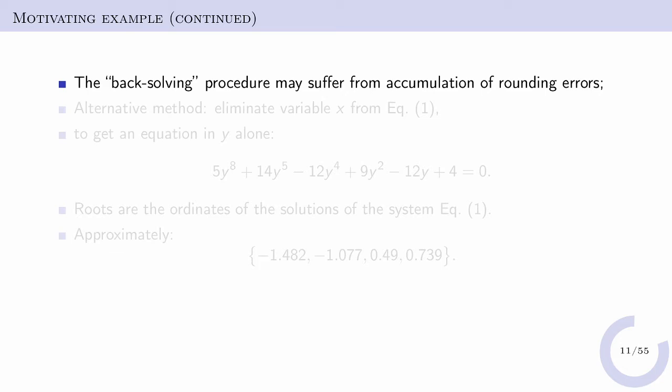As you can see, once we eliminated one of the variables, we arrived at a polynomial of quite a high degree. So the roots of this polynomial are only approximate.